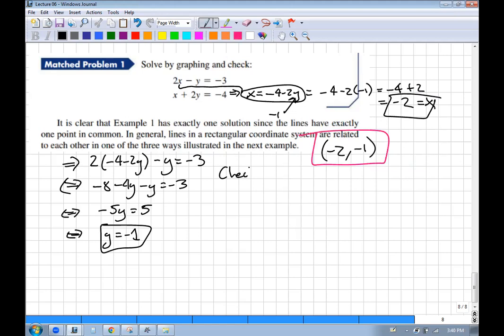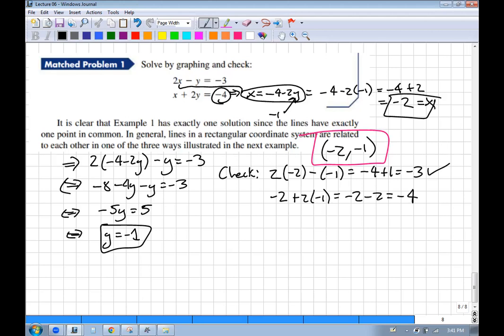Let's check. All right, first equation. If I replace x with -2 and y with -1, I got -4 plus 1, which is -3, which is what I wanted. Now for the other equation, if I replace x with -2 and y with -1, I got -2 minus 2, which is -4, which is what I wanted. So the answer is correct.